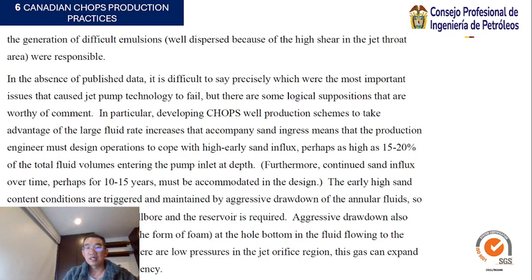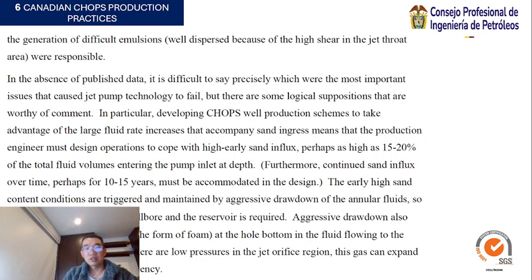The early high sand content conditions are triggered and maintained by aggressive drawdown of the annular fluid, so that a large delta P between the wellbore and the reservoir is required.